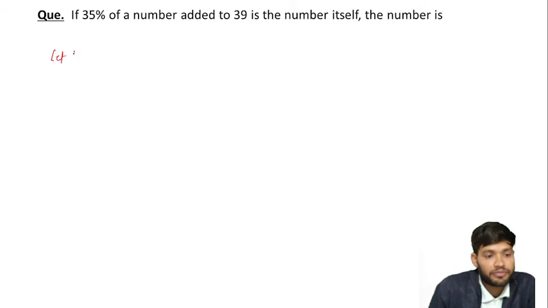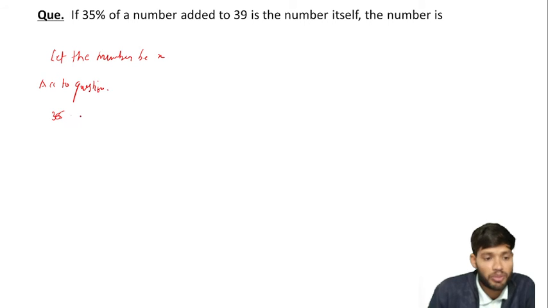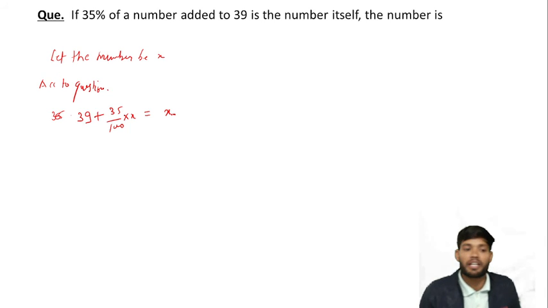Let the number be x. According to the question, in 39 we have to add 35% of x, and it gives x itself. It gives the number itself.